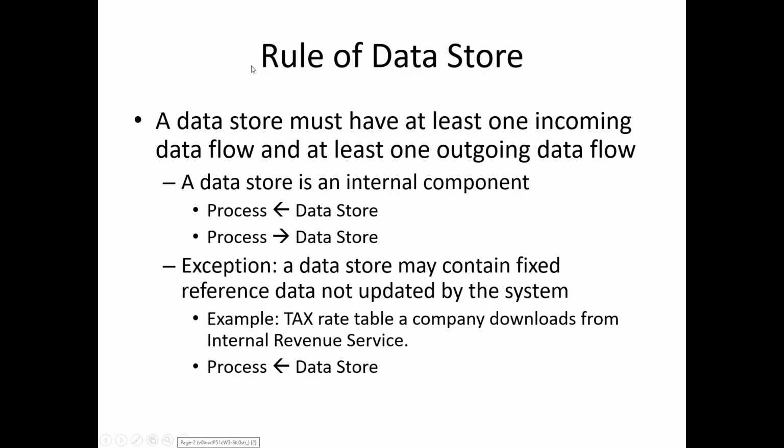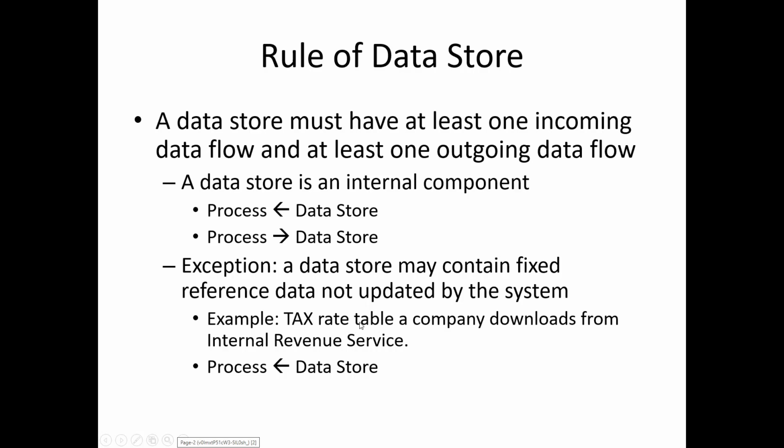But for this rule, there's an exception. In very rare situations, we may see a data store that contains fixed data, and this kind of data is not updated by the system. For example, we may have a data store that stores a tax rate table.